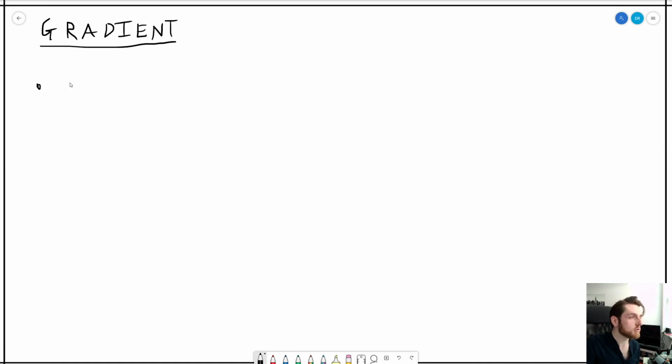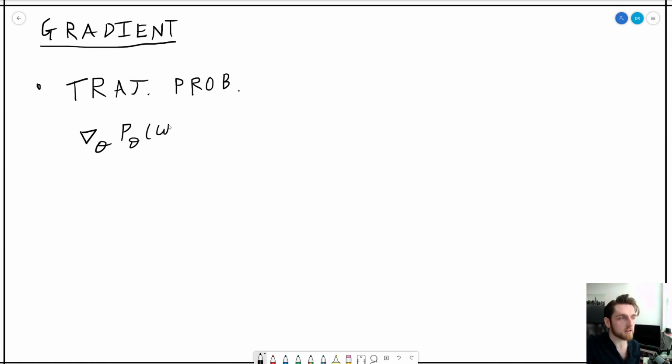To start with, we'll just calculate the gradient of the trajectory probability, since that's where all of the dependence on the policy is. So I have del theta of p theta of the trajectory.